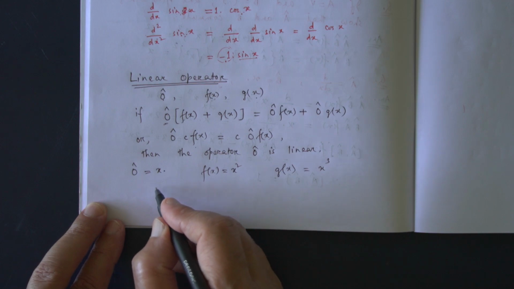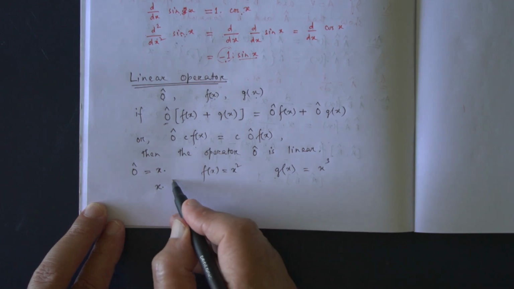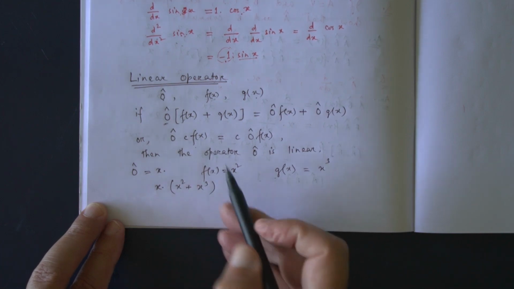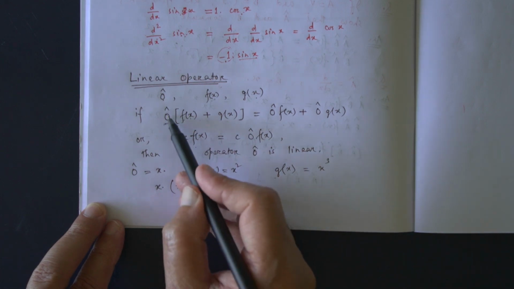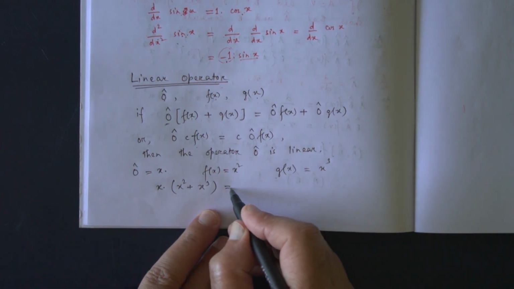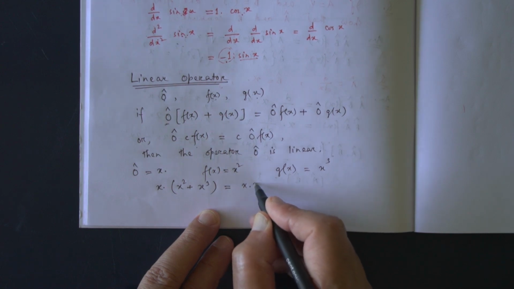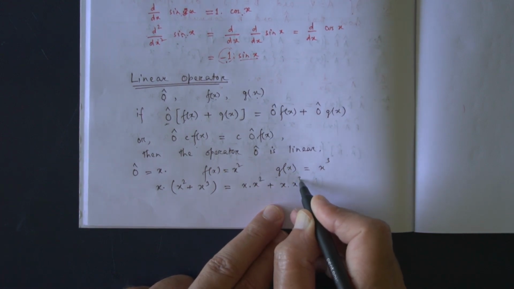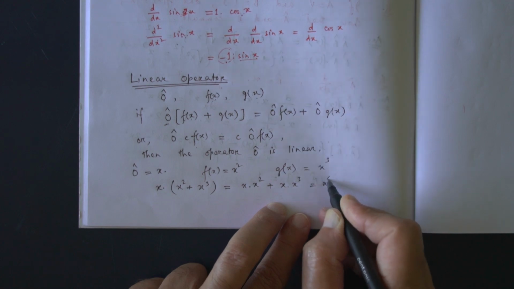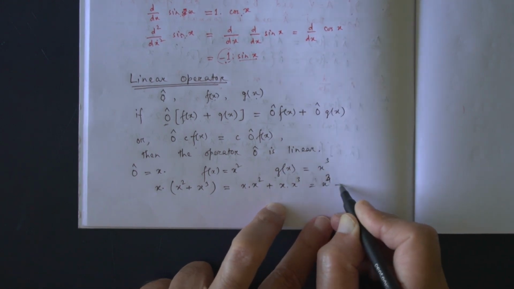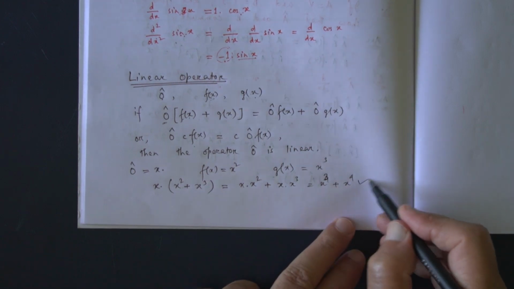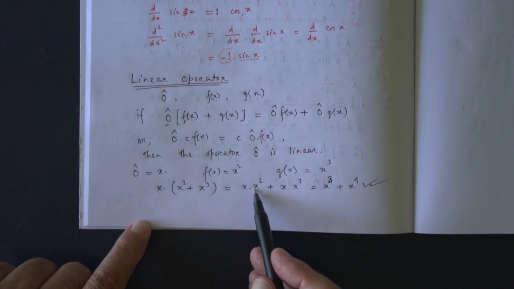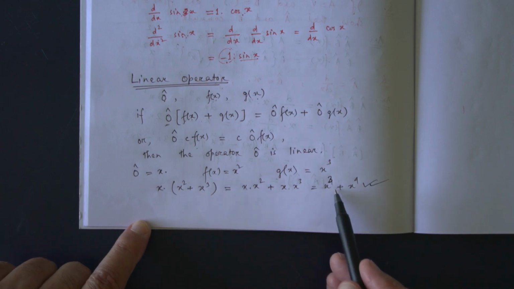So the operator on x square plus x cube, that is f(x) plus g(x): definitely we can write x into x square plus x into x cube, that is equal to x cube plus x to the power 4. So multiplication is a linear operator because they are equal.